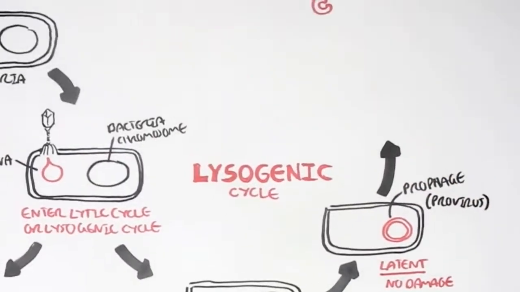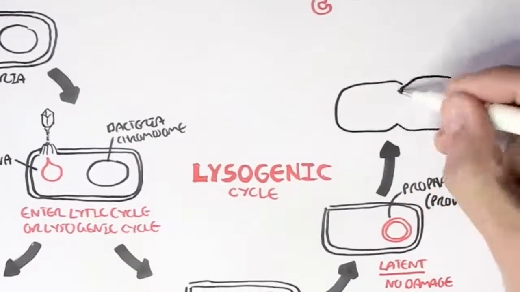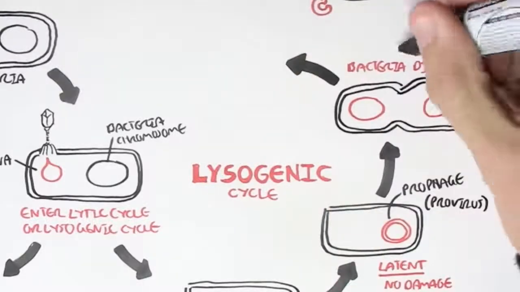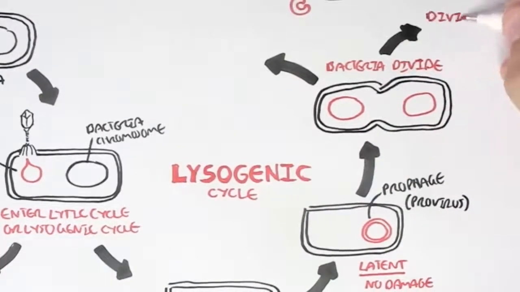However, when the bacteria itself divides, because that's what bacteria do, they divide, the phage DNA is also copied, and this can keep occurring. Each time the bacteria divides, the phage DNA will also be copied, and so we would have more phage DNA.